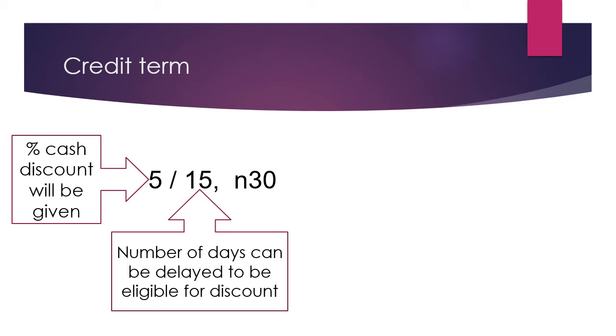Just now, the transaction is on the 1st of February. So 1st February with 15 days, it's the 16th. So the 16th will be the last day that you can delay payment but still have the opportunity to get the discount. But after that, you will not be given the discount.